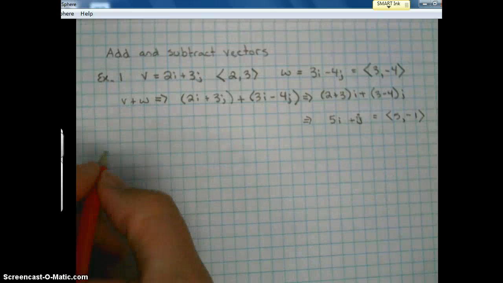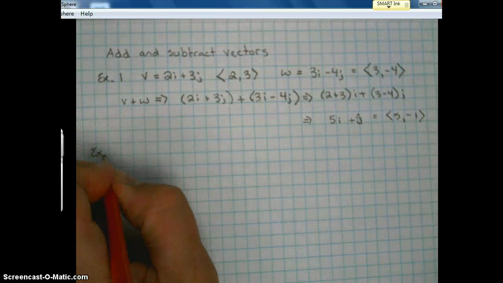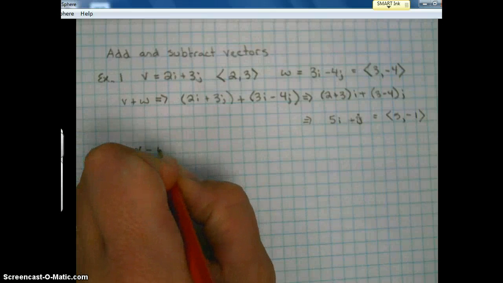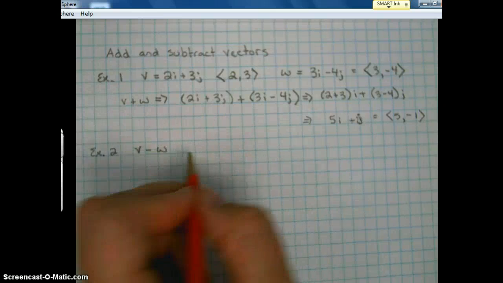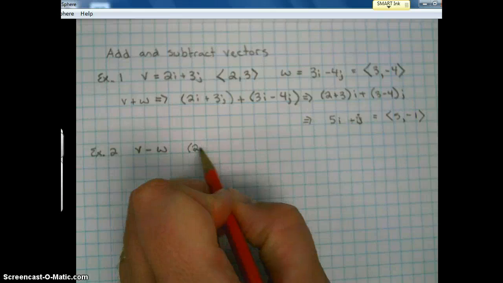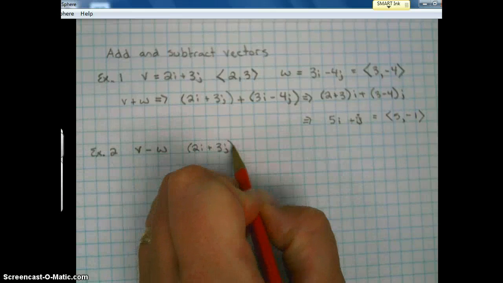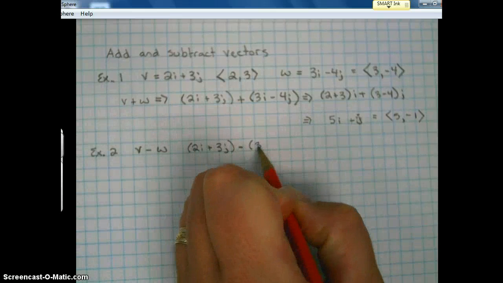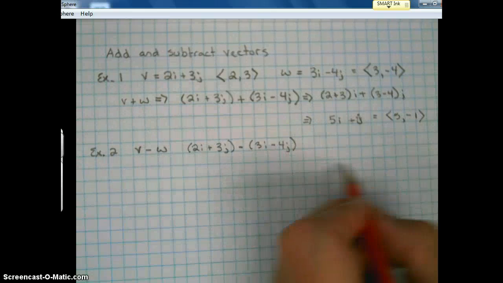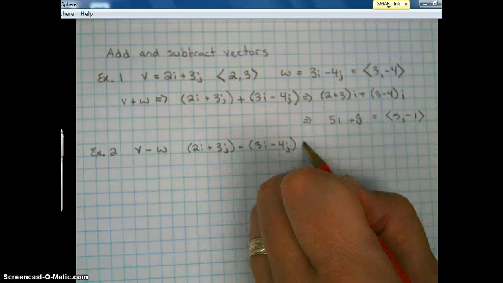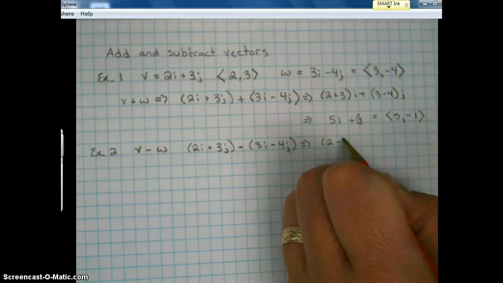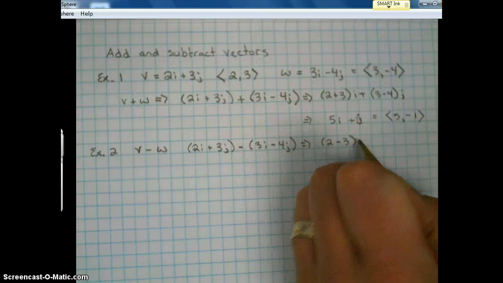Okay, example 2. Subtracting v minus w. Again, we would write 2i plus 3j minus 3i minus 4j. Same process as before. 2 minus 3, components of i.